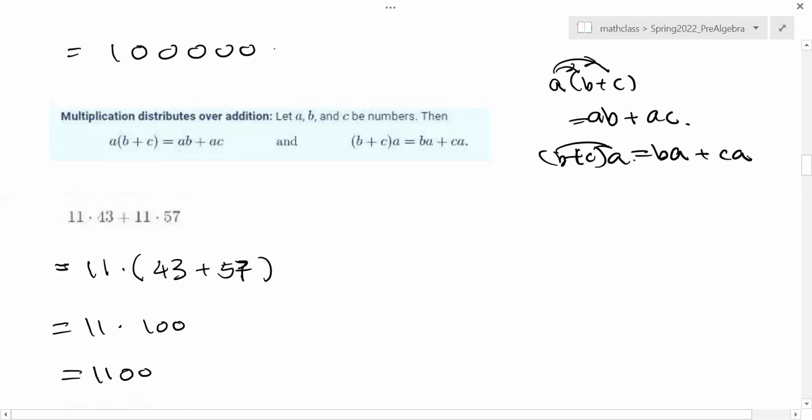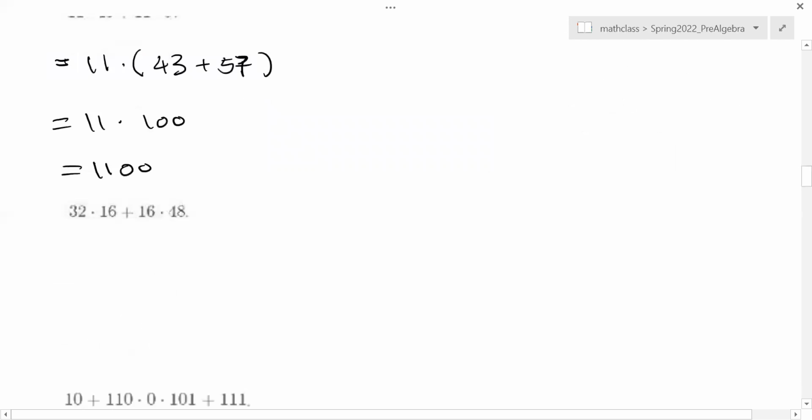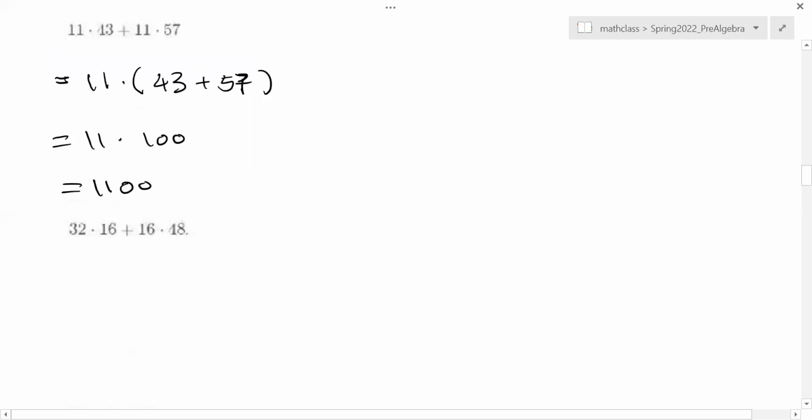All right, now take a look at the next problem. You know how to do it, right? First of all, in order to apply the above formula, you need to apply the commutative rule, step by step if you want to follow the steps.